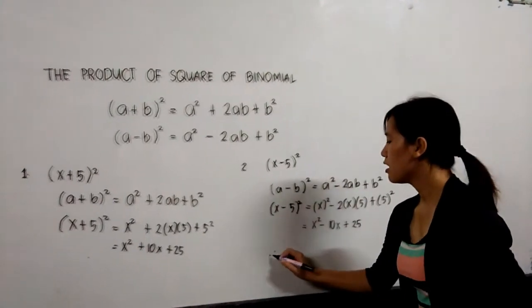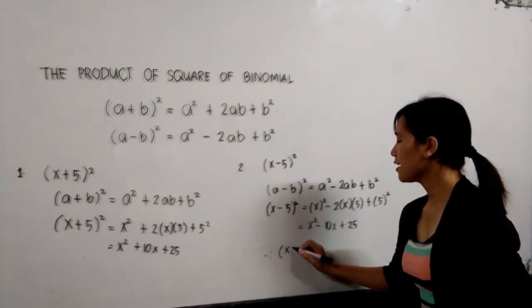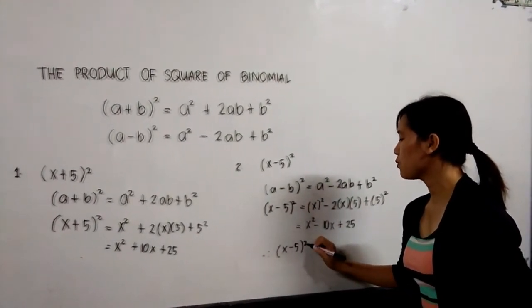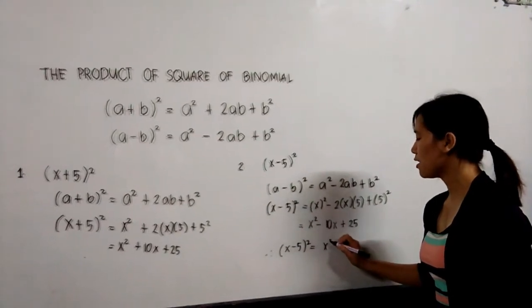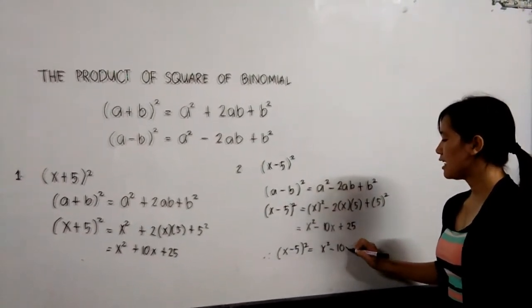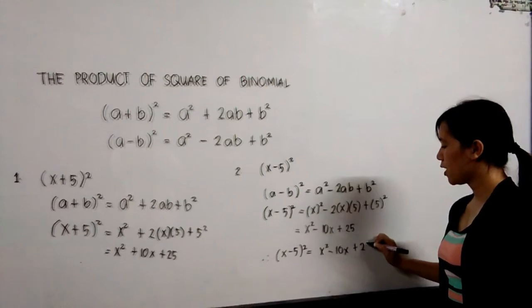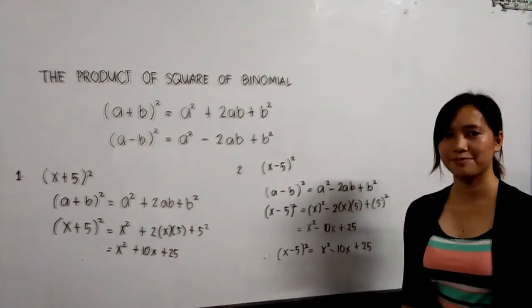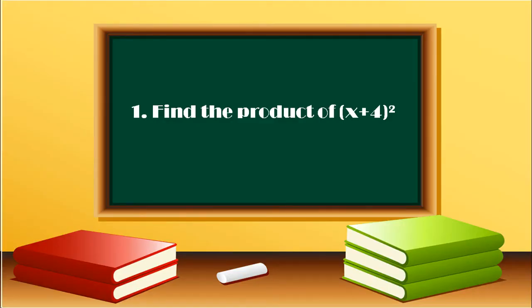Therefore, the product of (x - 5) squared is x squared - 10x + 25. Now, let's try this. Find the product of the square of x + 4.